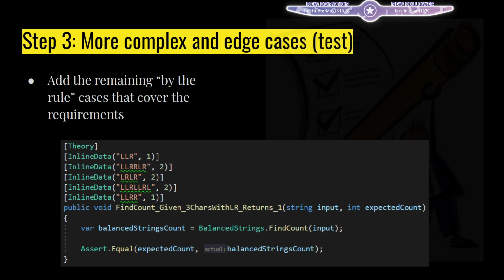When we add more complex cases, and let's say edge cases, well, those are still minimalistic cases. If we add LLR, for example, LLRR, LR, we have a different kind of input now, not just one balanced string returned, but 2. And we need to find that.